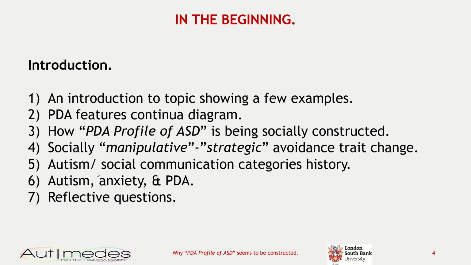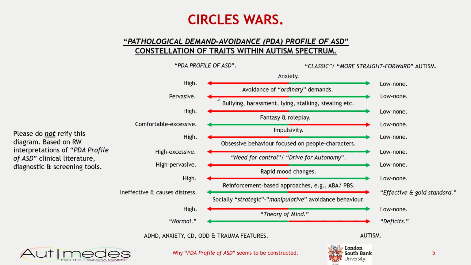The autism social communication categories history, which I get onto later. Autism, anxiety, and PDA will be the final example, and then I'll end with some reflective questions.